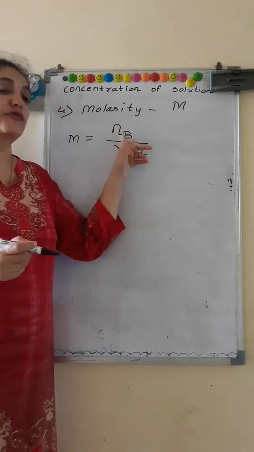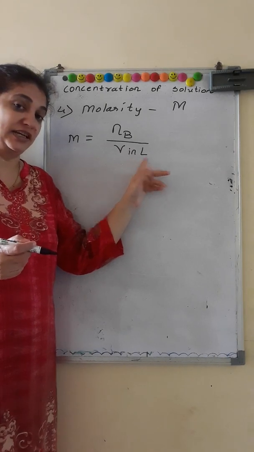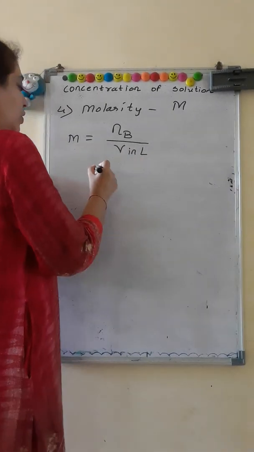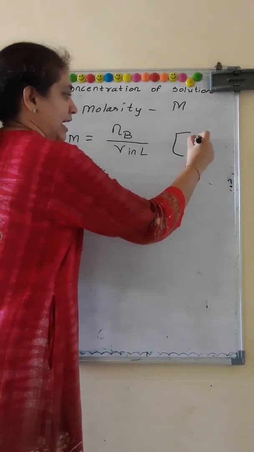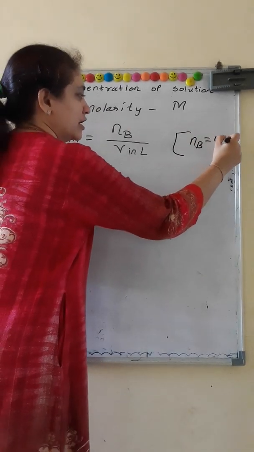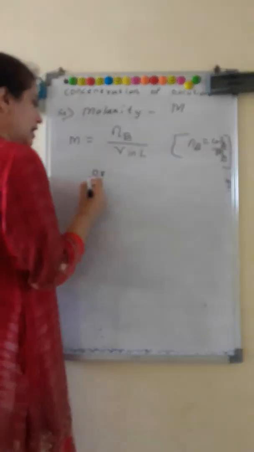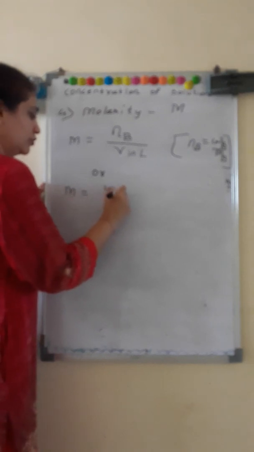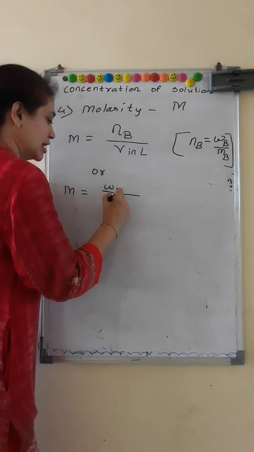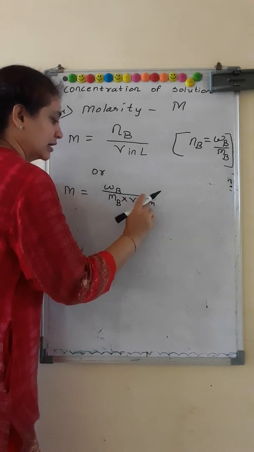So number of mole of solute in given volume of solution, which is expressed in liter. Or since Nb is equal to WB upon MB, I can write that M is equal to WB upon MB into V in liters.